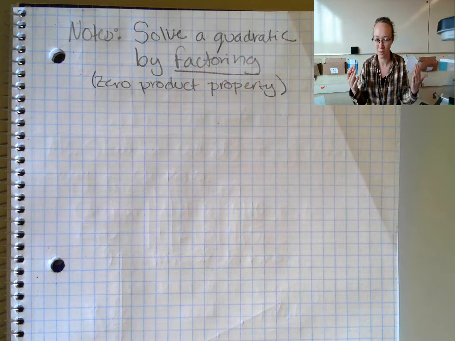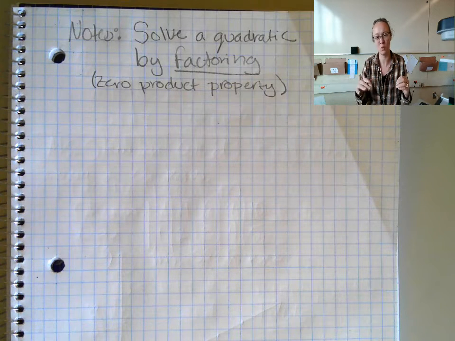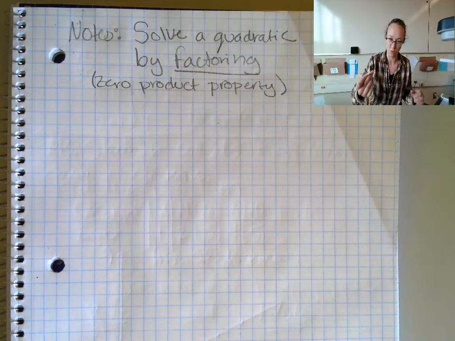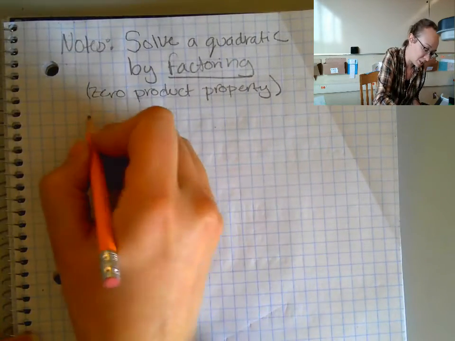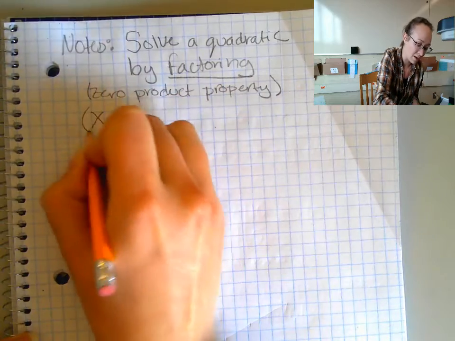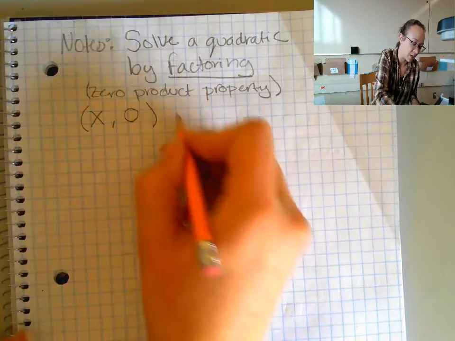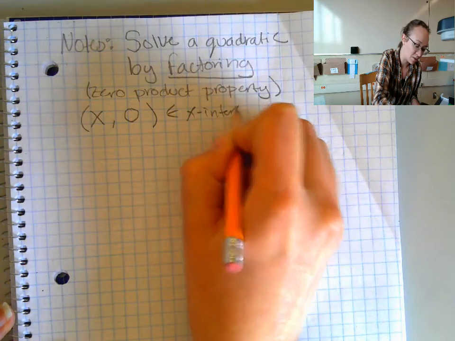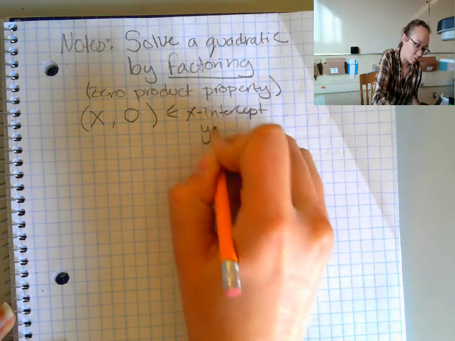How do we do that? Well, let's think about lines. What do we do when we want to solve for an X intercept? We know that the X intercept is always where y equals 0, right?